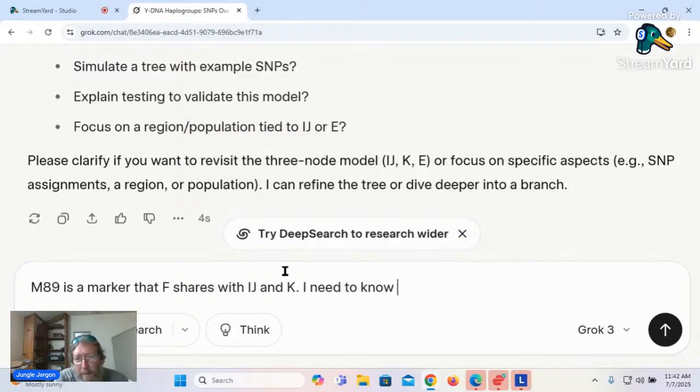We need to know the defining marker of F.